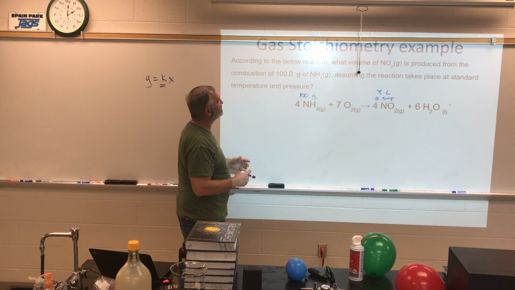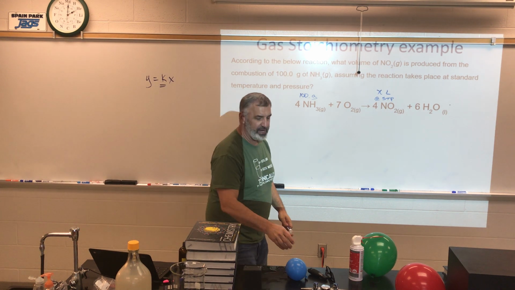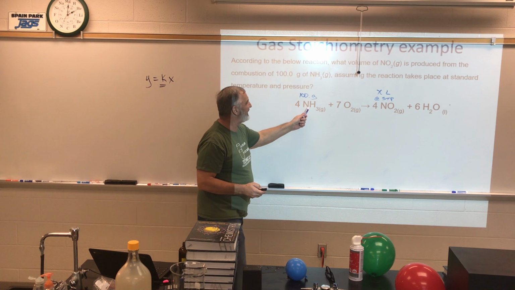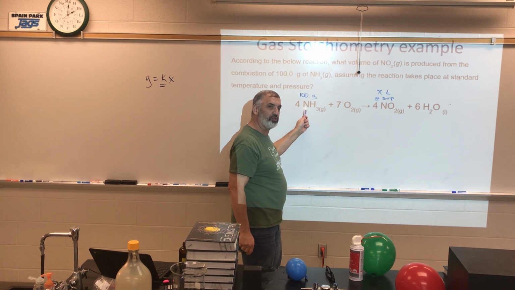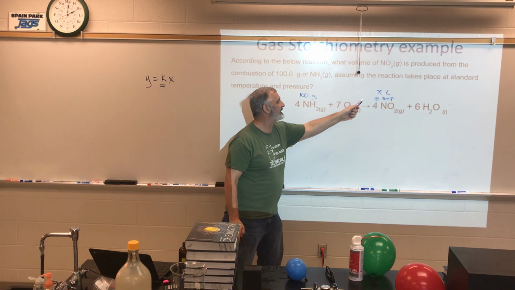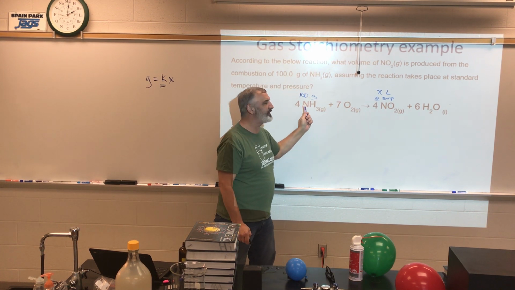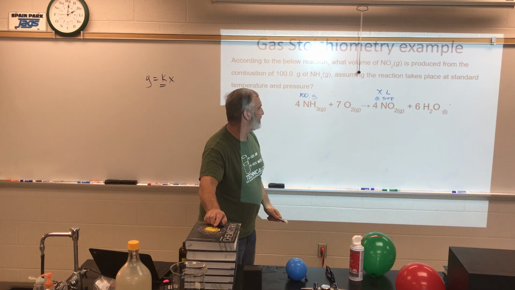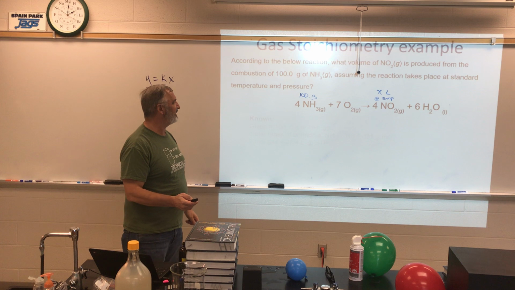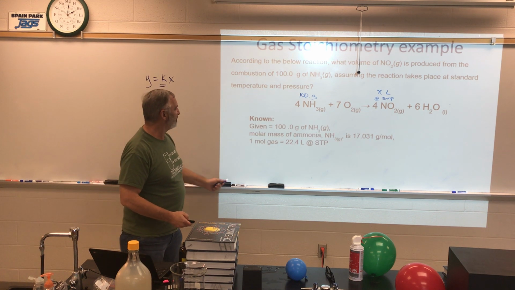So now if I want to solve for this, I'm given 100 grams of this, but I know that for every 4 moles, I'm going to get 4 moles. So I can't do it in terms of grams. I don't have anything from grams to liters. Everything always goes through moles, okay? We already have it down here. This is what we know, 100 grams.